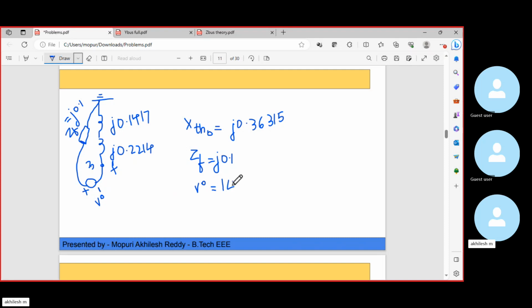This is an assumption. The current flowing through this is the fault current IF. Whenever there is a fault, the fault current flows from the fault point to the ground.